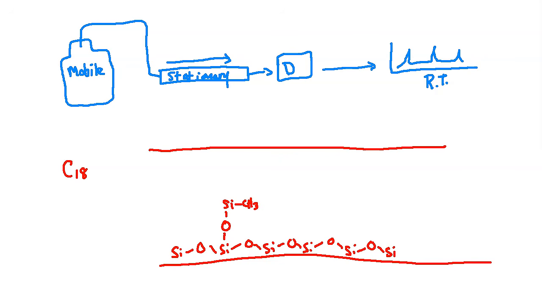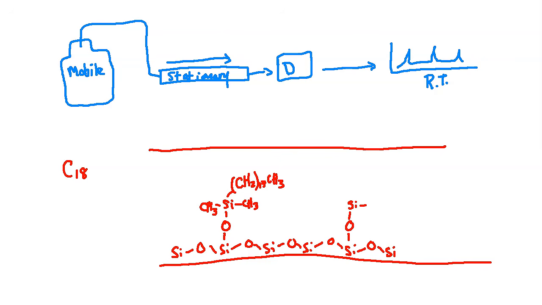So what you end up with in a C18 column is very long 18-membered carbon chains. So what I'm going to write here is CH2. We have 17 of those, and then the 18th is going to be a CH3, right? And then you would see that at every single silica site, all right? So it's going to get a little crowded here, but I'll draw another one. All right, so you'd go like this.